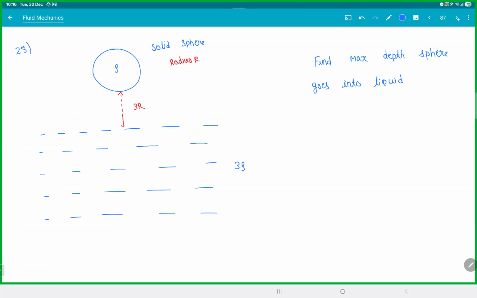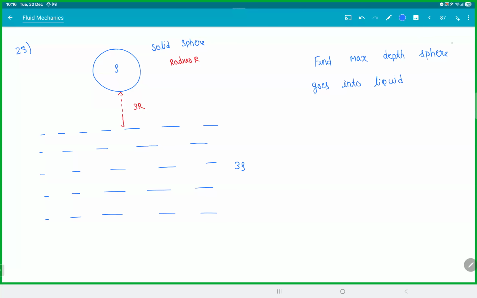Here, the outer edge, same only. Whatever the center of mass moves, the outer edge will go the same distance. Find the maximum depth of the sphere. Okay, you can say whatever you want. You can say from center of mass, you can say from the outer edge. Okay, understand your point, sir.